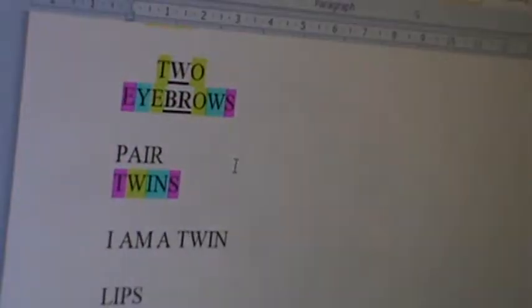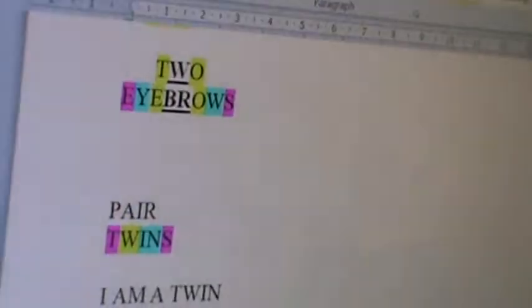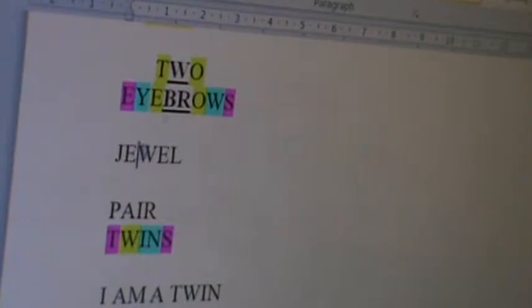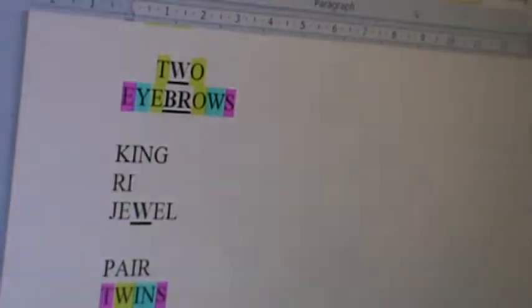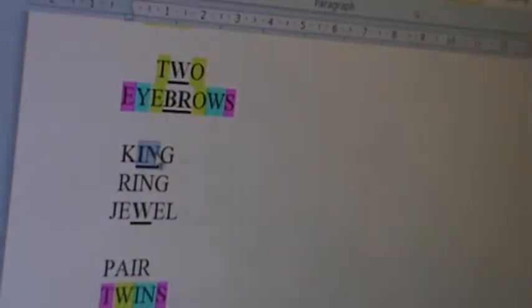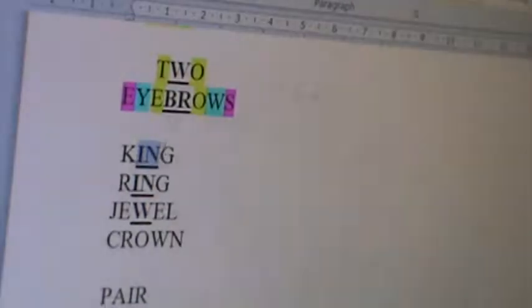White crown, gold crown. And at the center of a crown is usually a jewel, which has I am at the dead center. So let's get this straight. You have a king that wears a ring on his head that has a jewel in the center of the crown, which equals the I am, but all these have I am at the center.